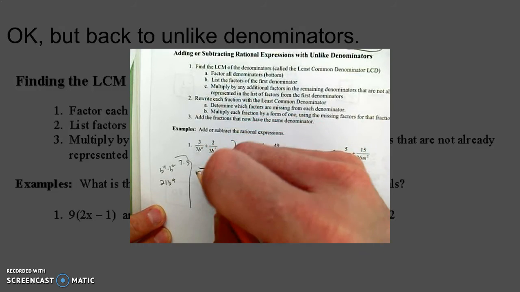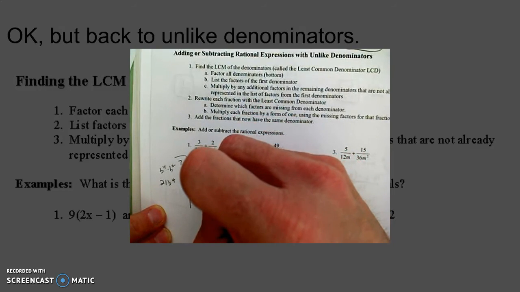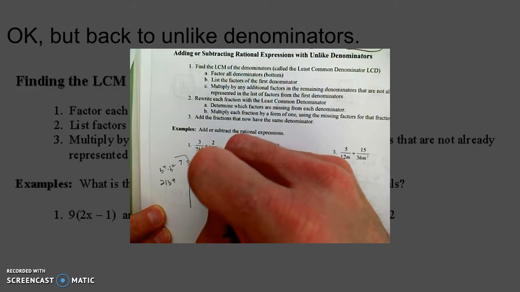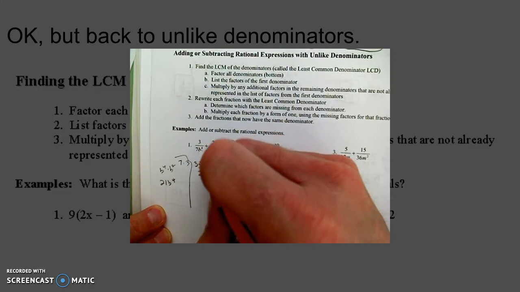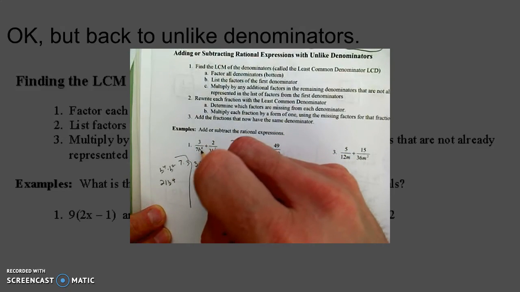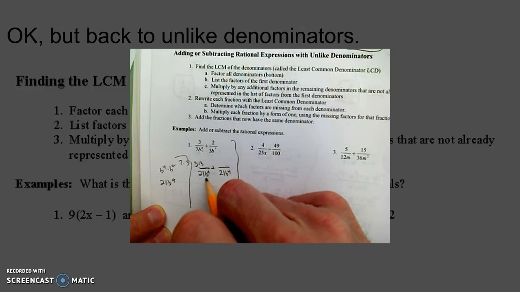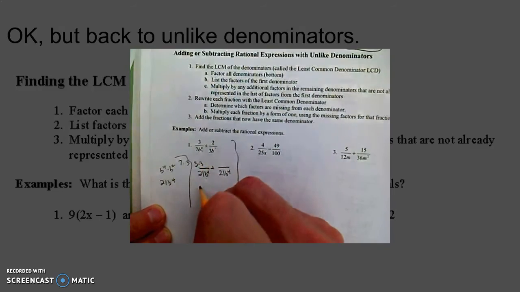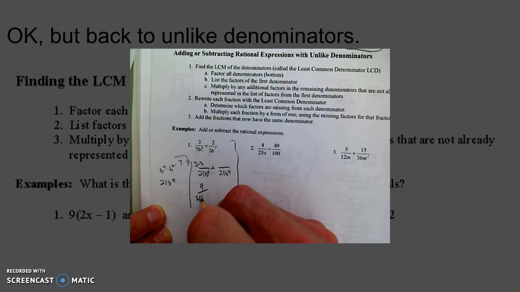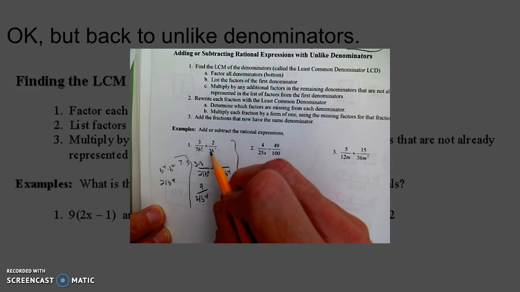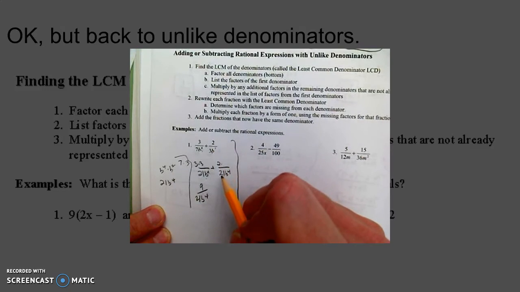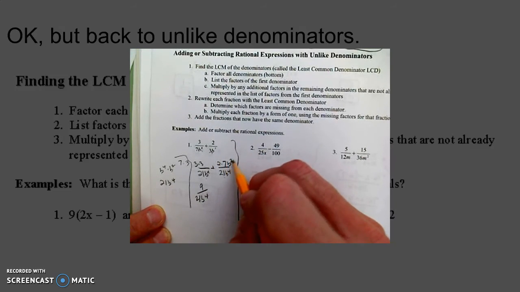So I had 7, I got to 21. I need to multiply by a 3. I already had a b to the 4th. So the only thing that was missing from my first denominator in my LCD was 3. So 9 over 21b to the 4th. Here, I needed to start with a 2. I need to multiply by 7, because 3 times 7 is 21, and b squared.